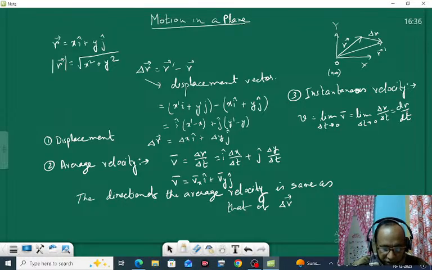And the direction of velocity at any point on the path of an object. What is the direction?